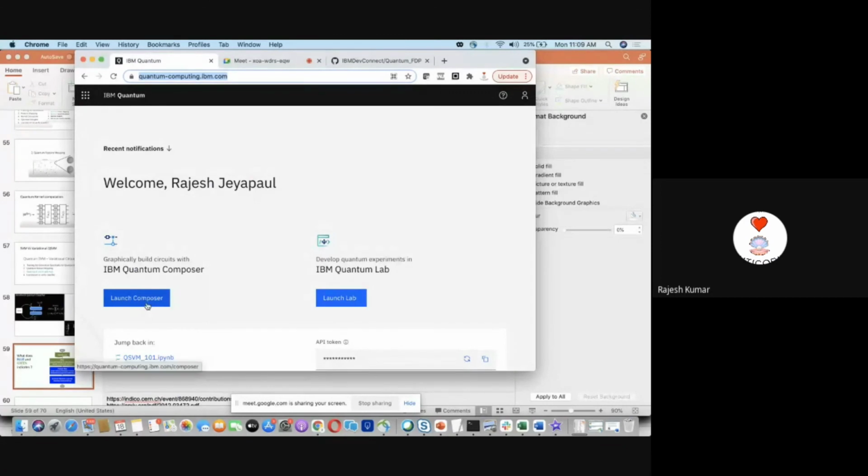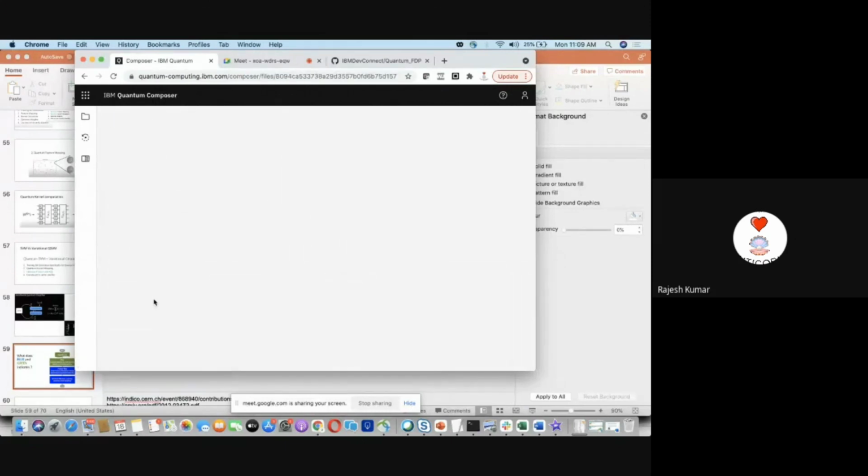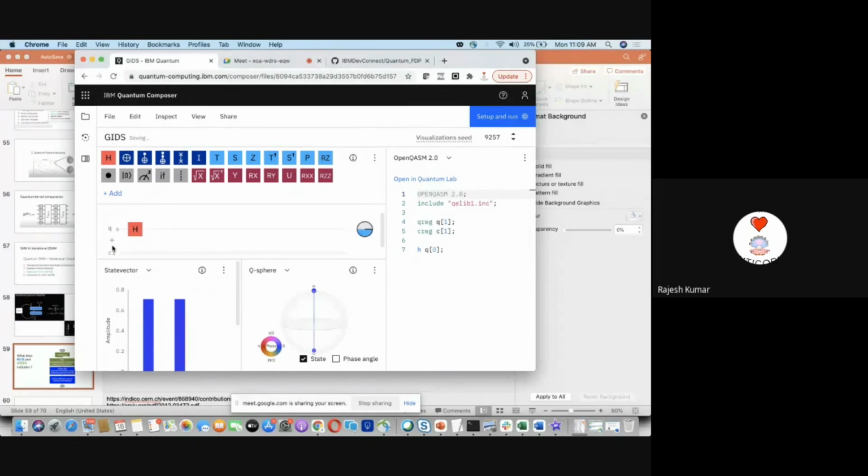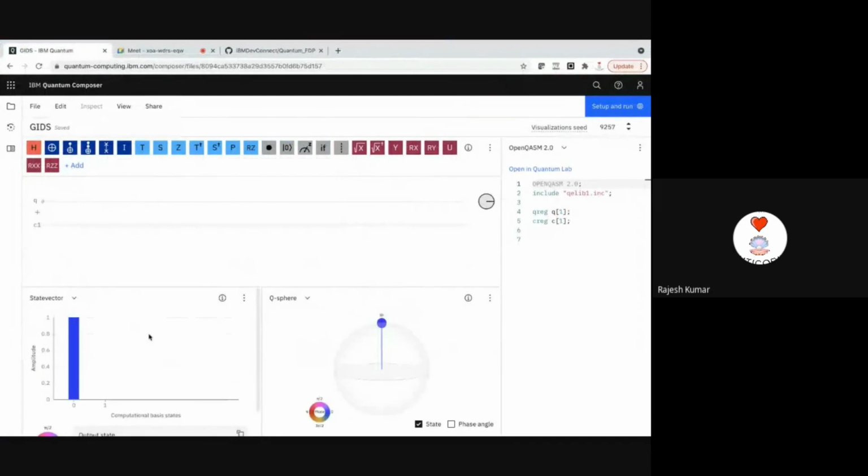I don't know whether this was demonstrated to you earlier, but I will quickly show this. If there is a one qubit computer, we call this Q0, and it is in the ground state.